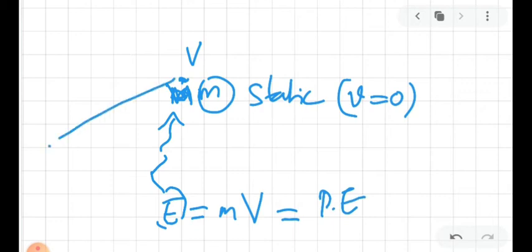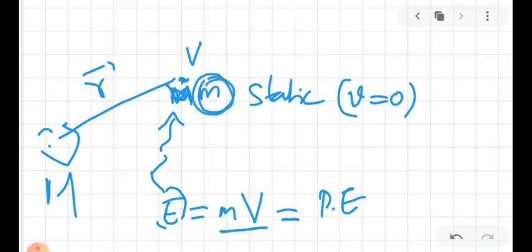This is the point at a distance r from the very massive object. So mV is the potential energy of the small mass m at that particular point, because of this heavy gravitational configuration.